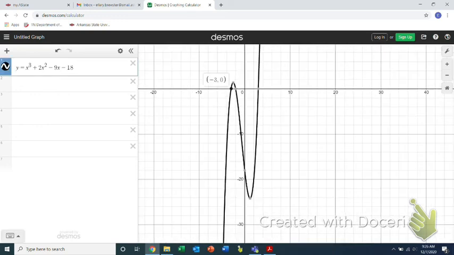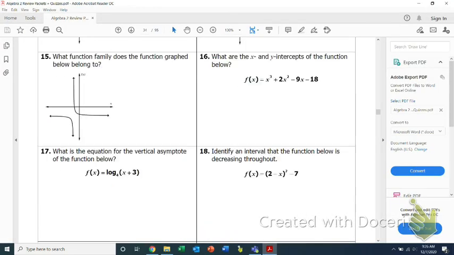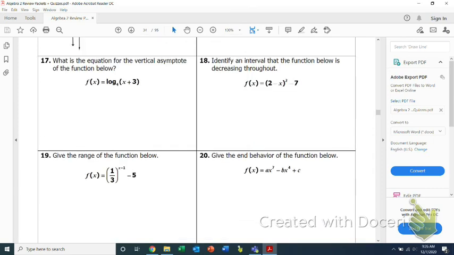Here's an x, here's an x, here's an x, and here's a y. Okay? Now, number 17, we can do without graphing.